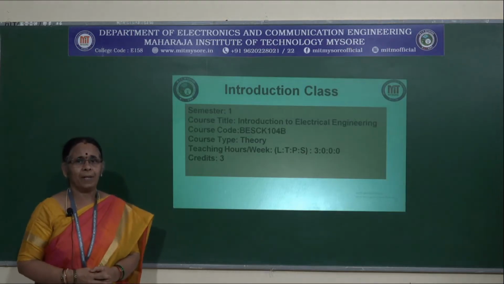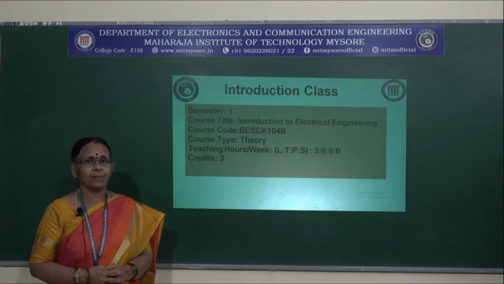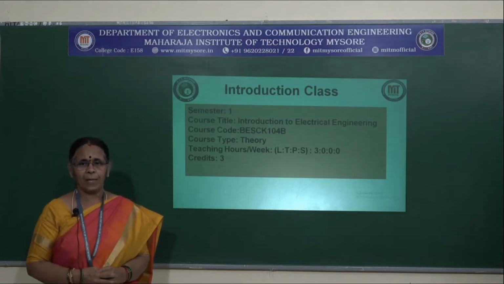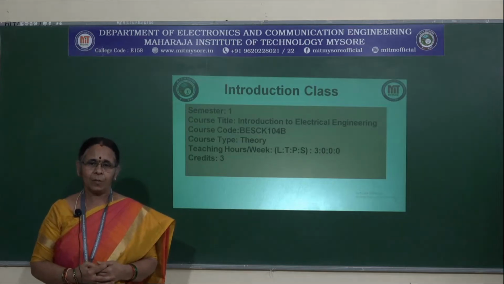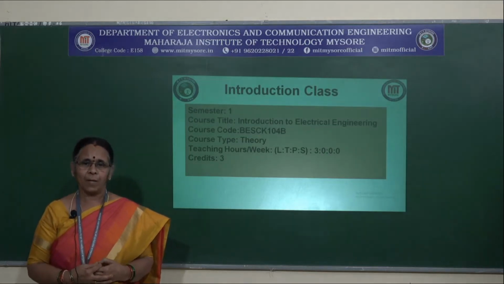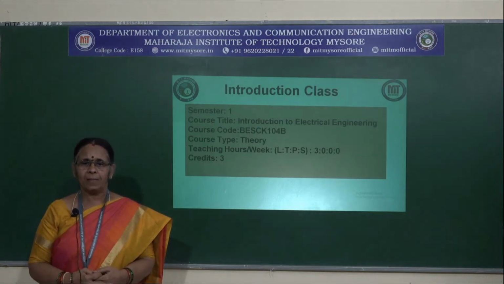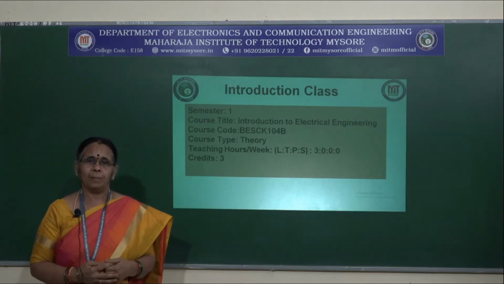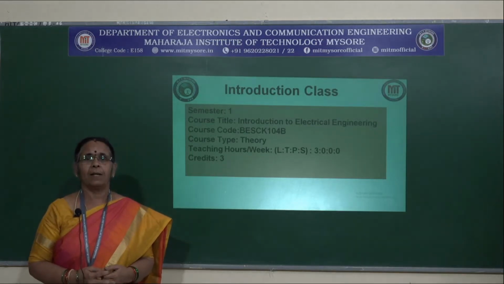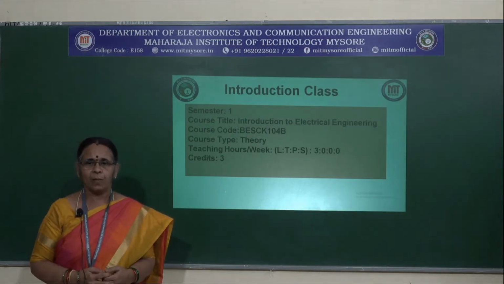Here, we will be discussing the syllabus of Introduction to Electrical Engineering. This is the basic course which comes in semester 1, and the course code for this is BESCK104B. BES means Basic Engineering Science course.